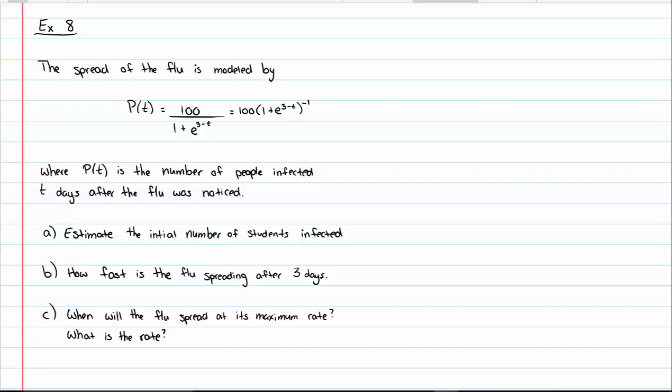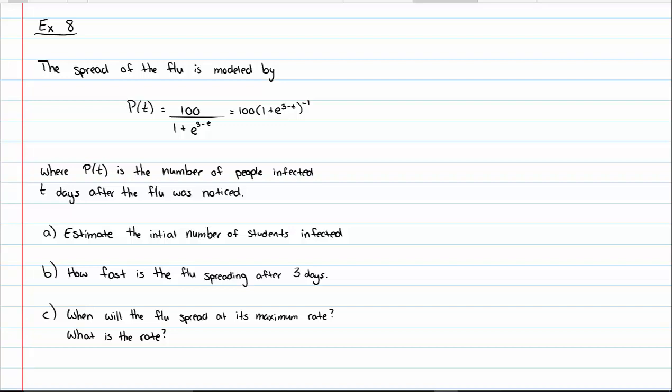In this problem, we're going to be modeling the spread of the flu, and P of T is the number of people infected, and T is the days after the flu was noticed. So T represents the days starting when the flu was noticed. I want to do 3 things. The first is to estimate the initial number of students infected.